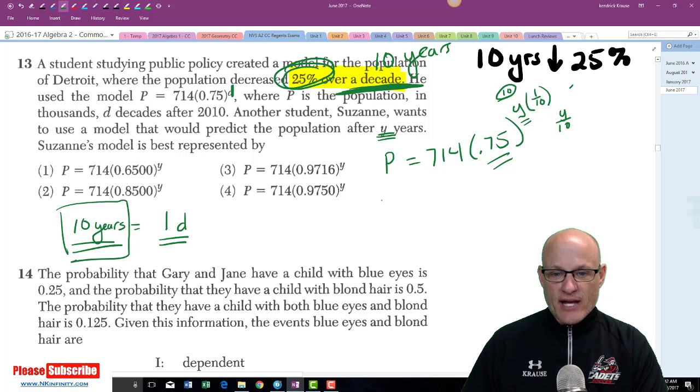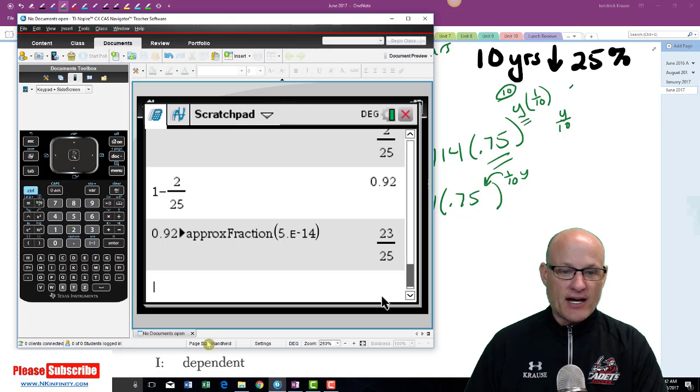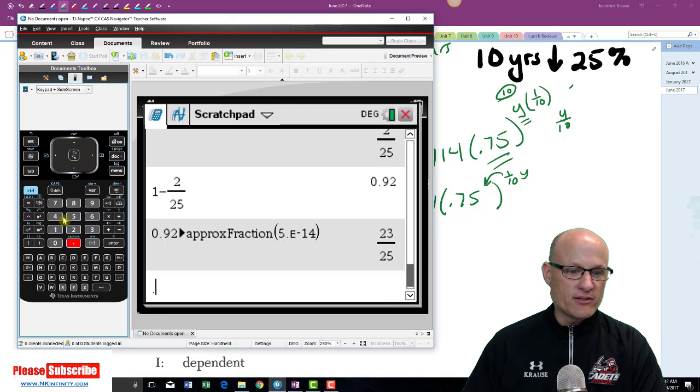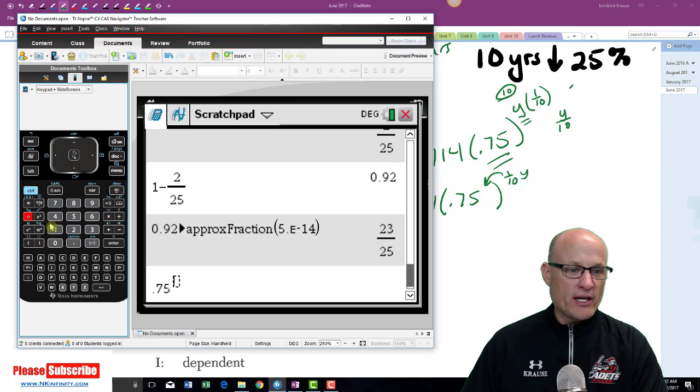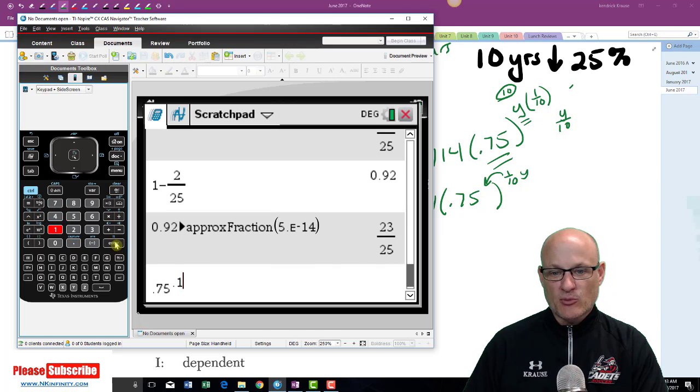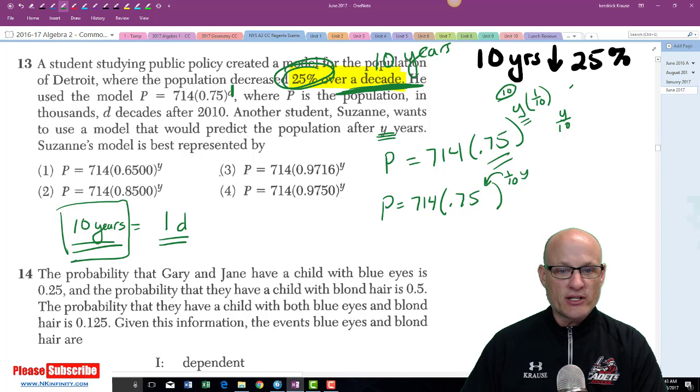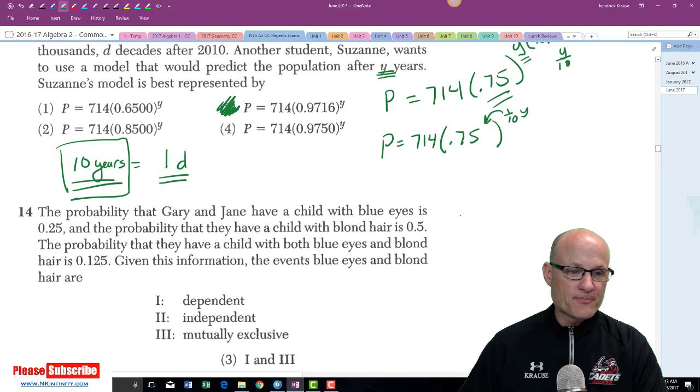So what New York State does, and this comes up every time, I don't know why, is they put that 1/10 inside. If you raise 0.75 to the 0.1, because that's the same as 1/10, you get 0.9716. So the answer is this one. The 1/10 comes inside. Tricky question.